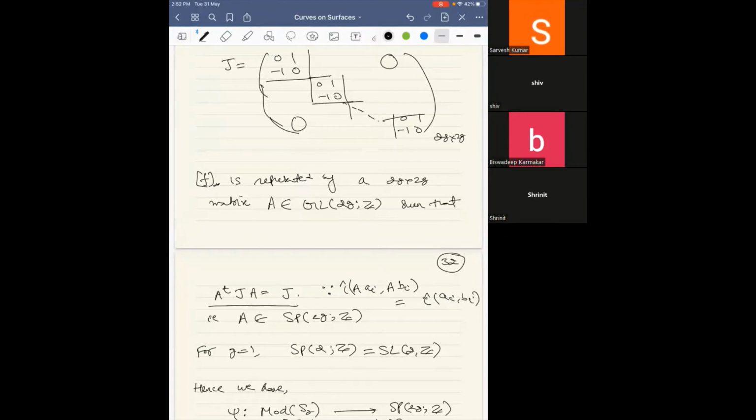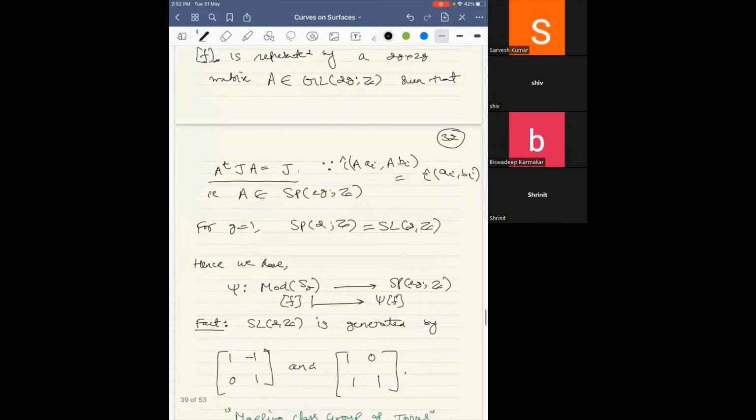So you just look at, for example, psi of f. You look at the class of psi f acting upon, let's say, A_1, and just see where it goes. It is some integer combination. Just write it as the first column of that matrix. Pick the coefficients. That's how you write the matrix.